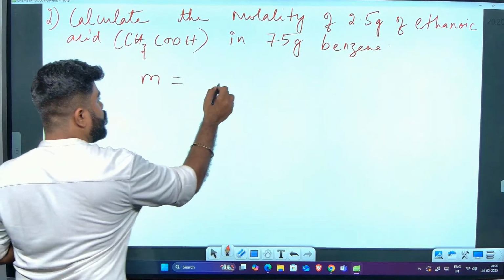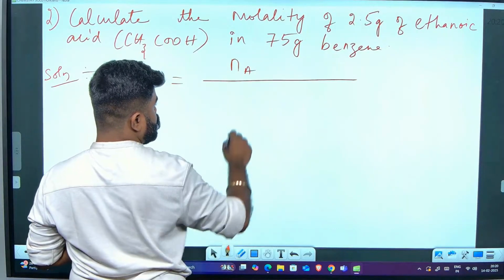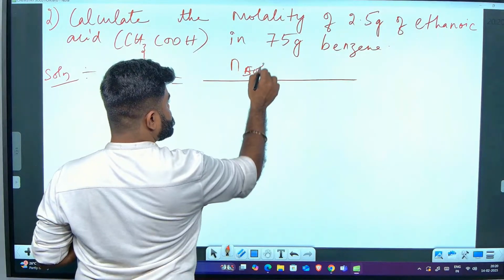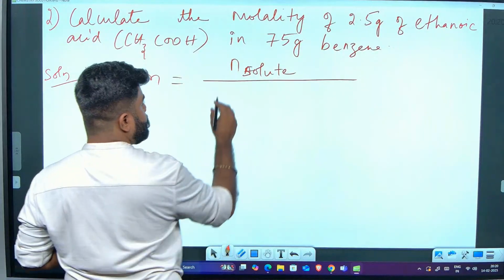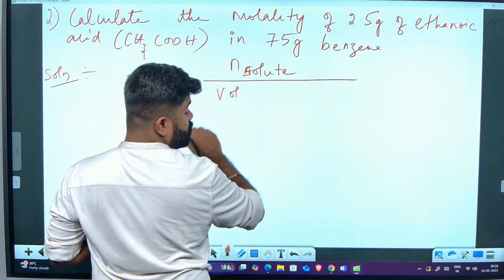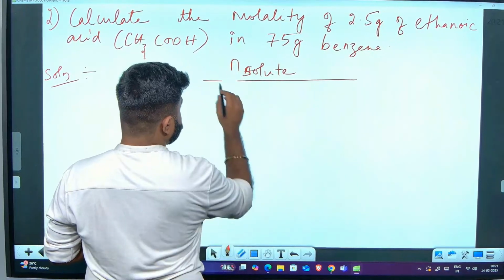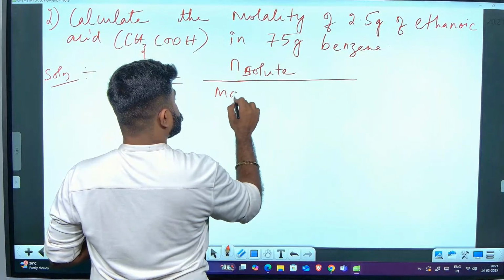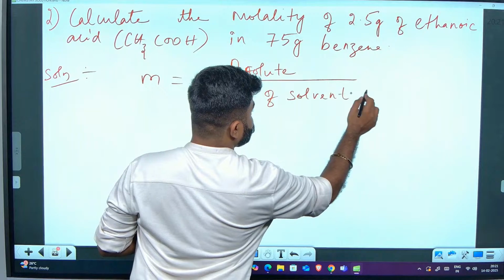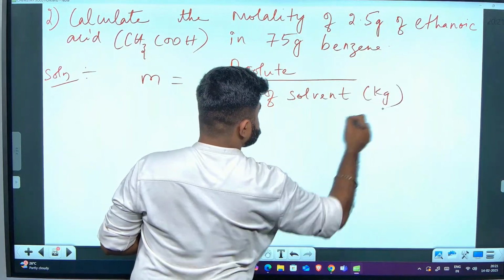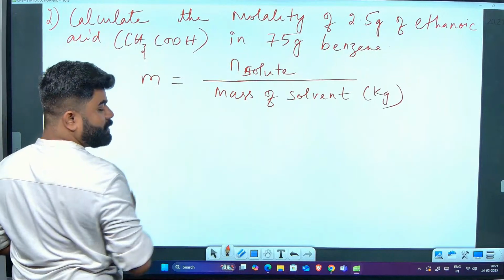Molality, given by small m, is number of moles of solute divided by mass of solvent in kilograms.